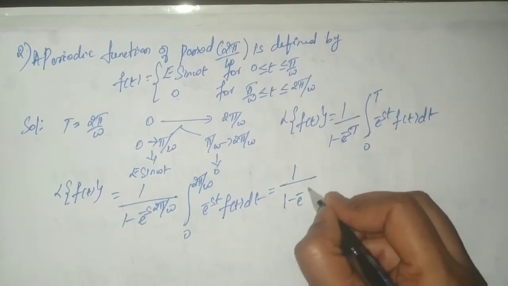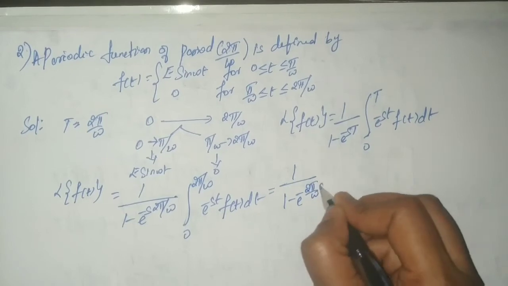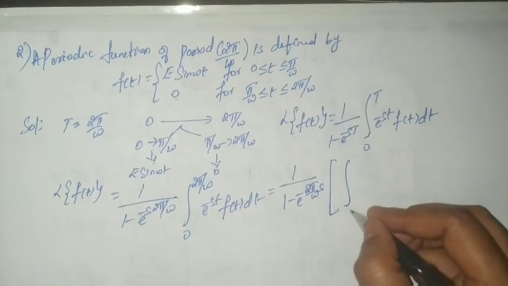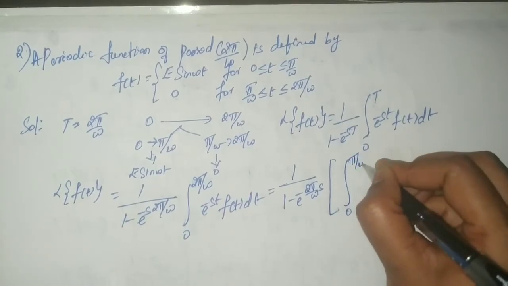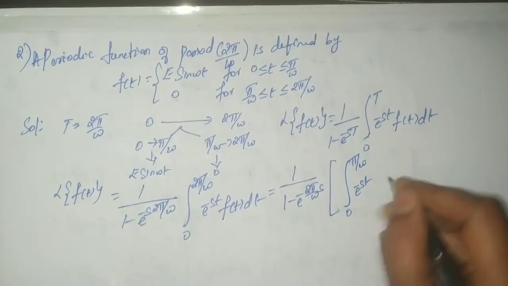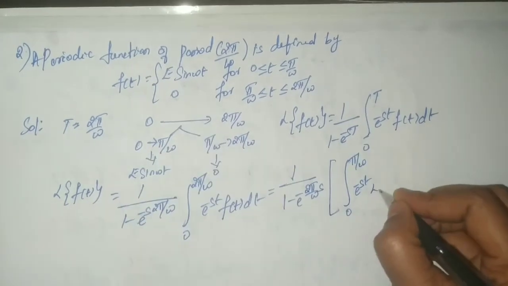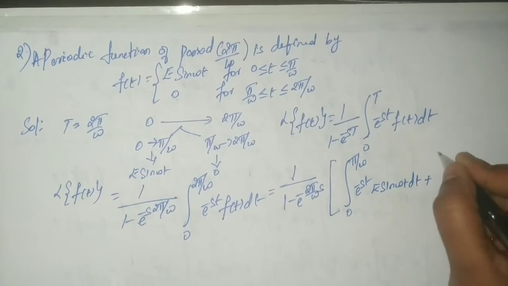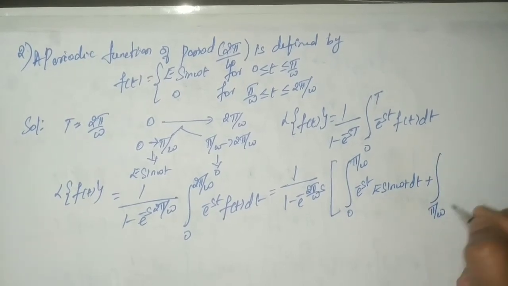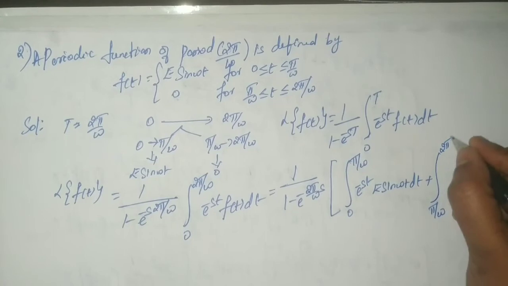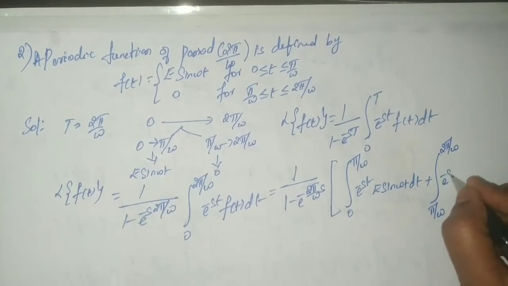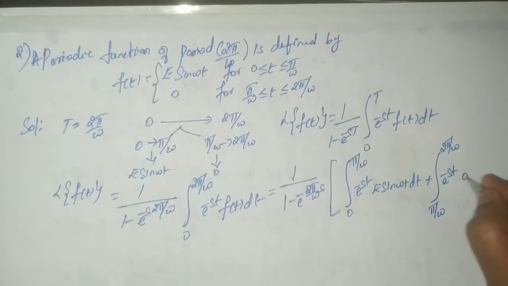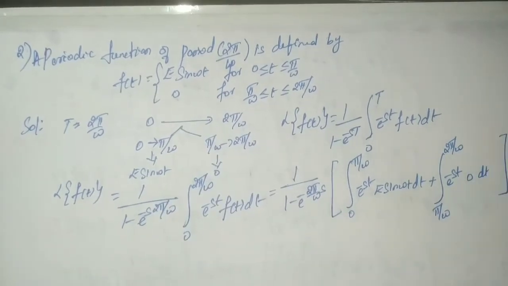So 1 by 1 minus e power minus 2 pi by omega s, where the first limit is ranging from 0 to pi by omega, where the function, instead of f of t, you should write E sine omega t dt, right? Similarly, the next limit pi by omega to 2 pi by omega, the formula is e power minus st, and instead of f of t, the function is 0 into dt.